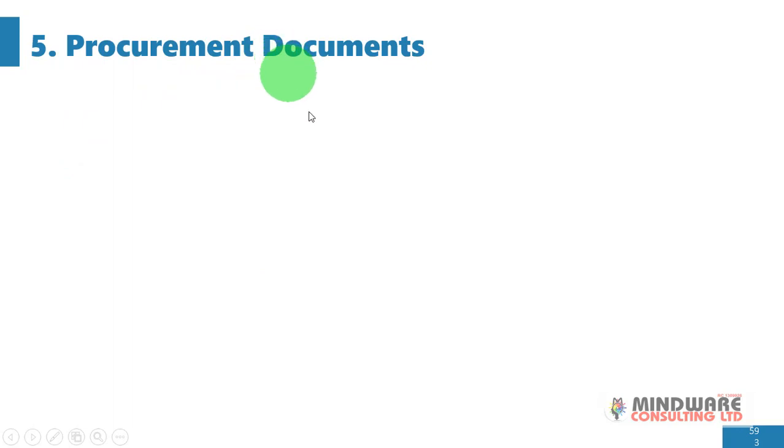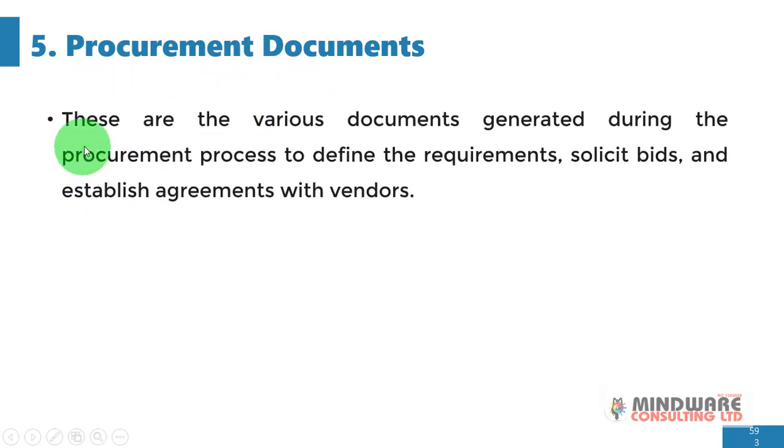Procurement documents. Now, these are the various documents generated during the procurement process to define the requirements, solicit bids, and establish agreements with vendors. So it's a whole lot of processes that are involved in procurement management, so you're going to be generating a lot of documents.